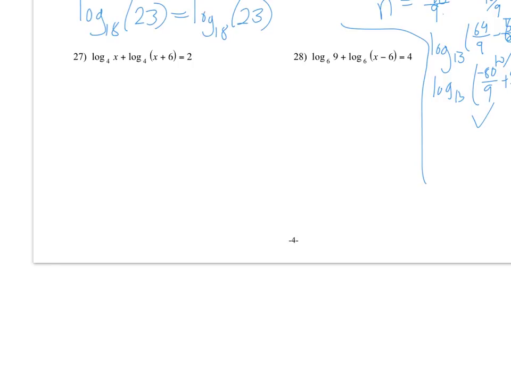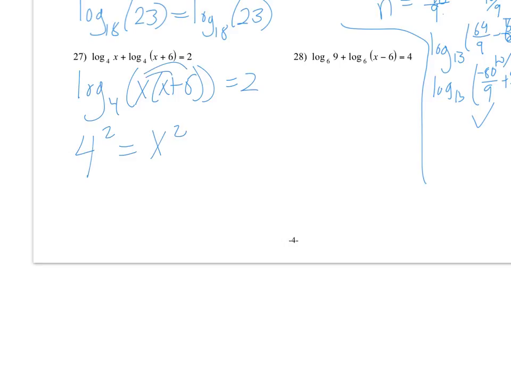For number 27, we're looking at having to use some log properties first. Since I have two logs being added together, I could rewrite this as log base 4 of x times x plus 6, which equals 2. In other words, if I take this and convert it to exponential, 4 squared is equal to x times x, which is x squared plus 6x.